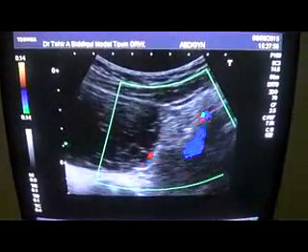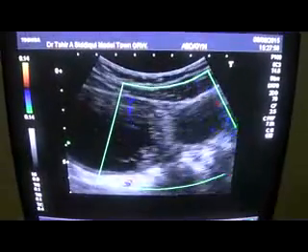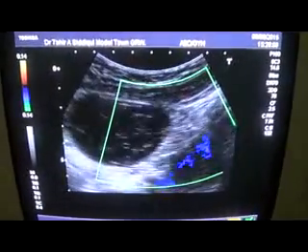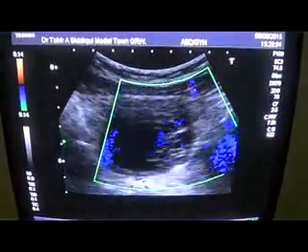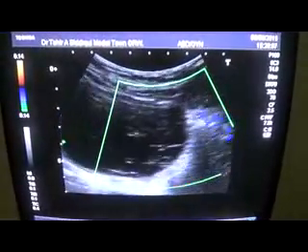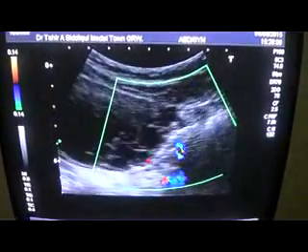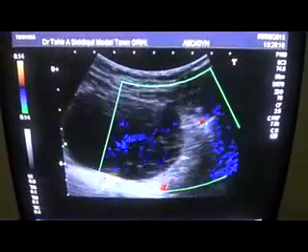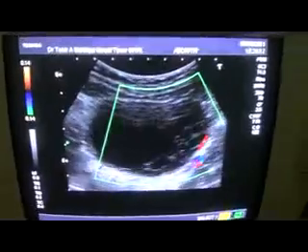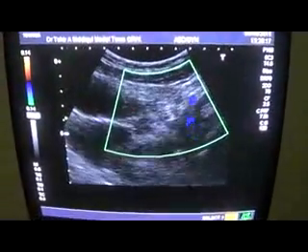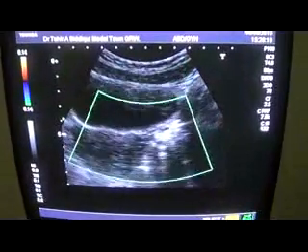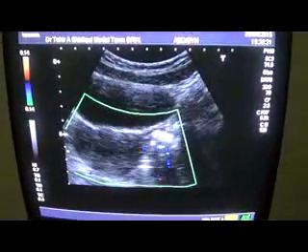As I move towards the left side, these are the iliac vessels on the left side. So the uterus here.